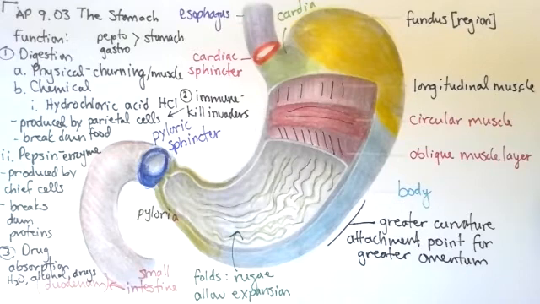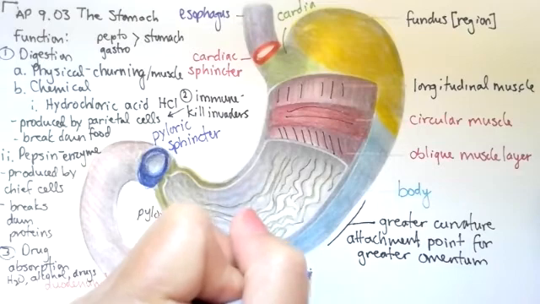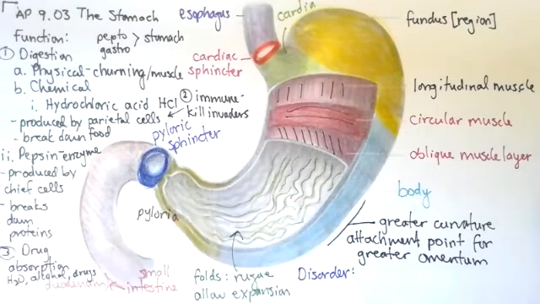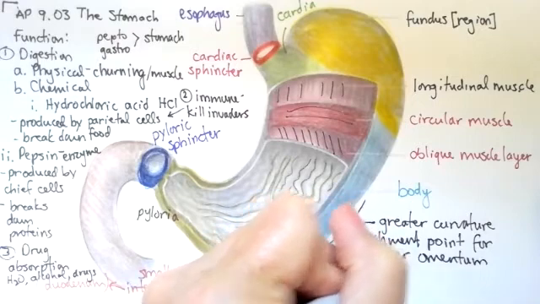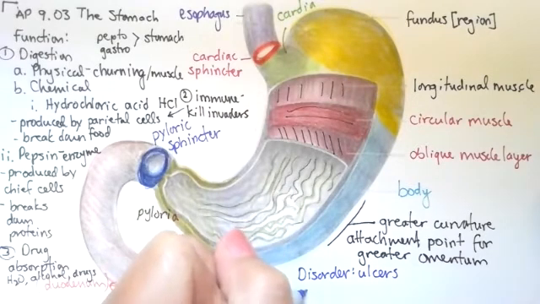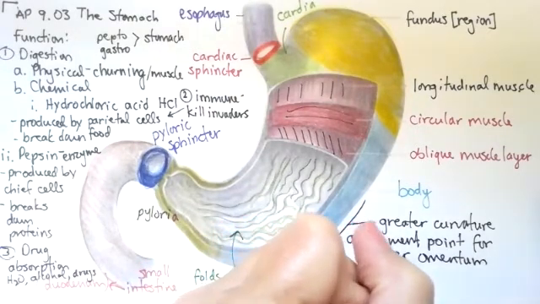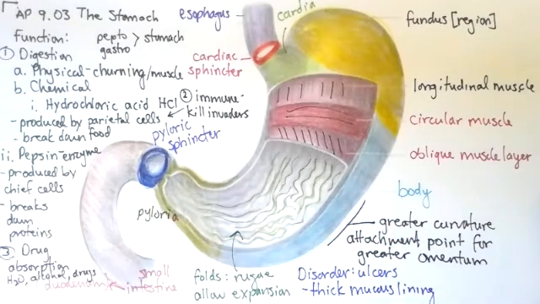There's one disorder I'd like to talk about, and that's ulcers. Let's switch colors. I'm going to switch to blue. All right, so our disorder is ulcers. In the rugae, in addition to chief cells and parietal cells, we have a thick mucus lining in the stomach, produced by goblet cells.